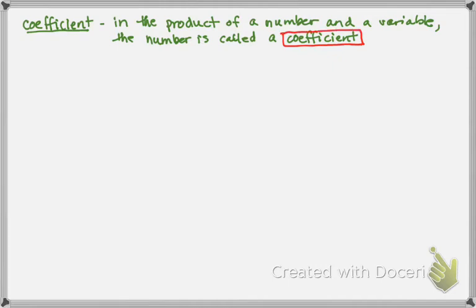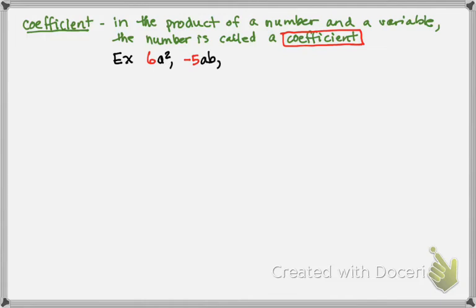Okay, so let's give a couple of examples of those. If I have 6a squared, 6 is the coefficient. If I have negative 5ab, negative 5 is the coefficient of that term.